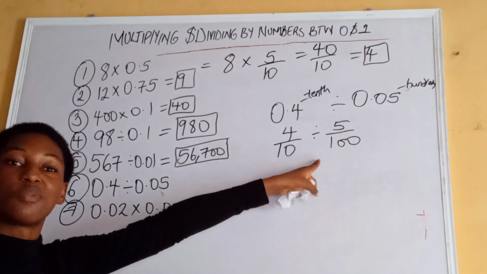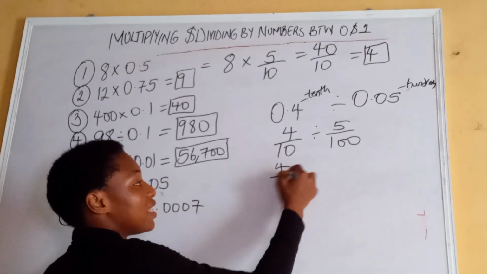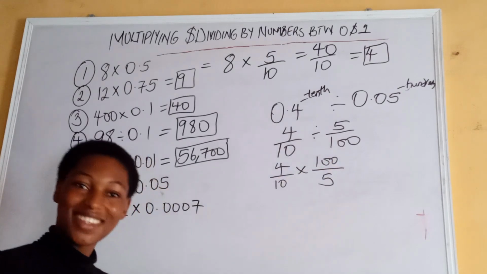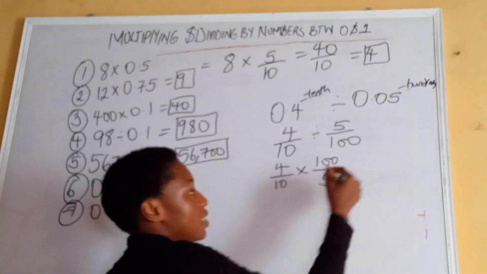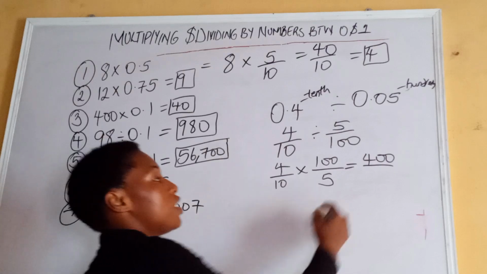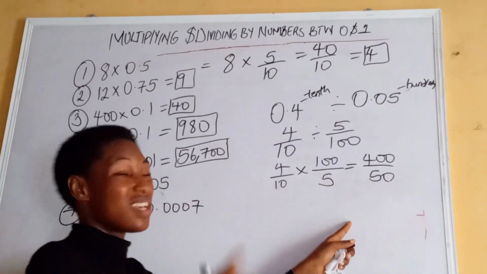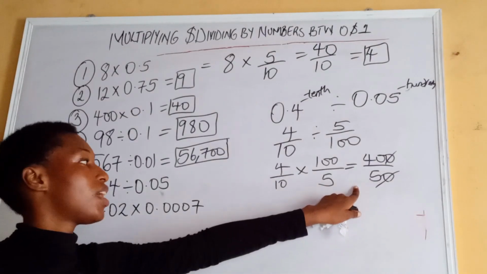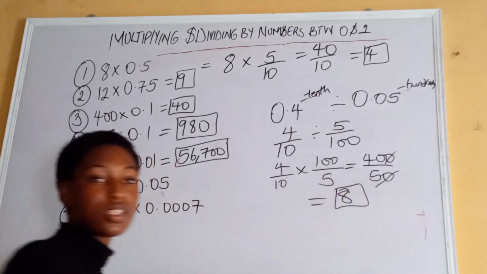Now we want to change this division to multiplication. You have to use reciprocals. This becomes 4 over 10 times 100 over 5. 4 times 100, that's 400, all over 10 times 5 is 50. 400 divided by 50. First things first, this 0 will cancel out. This becomes 40 divided by 5. Your final answer is equal to 8.